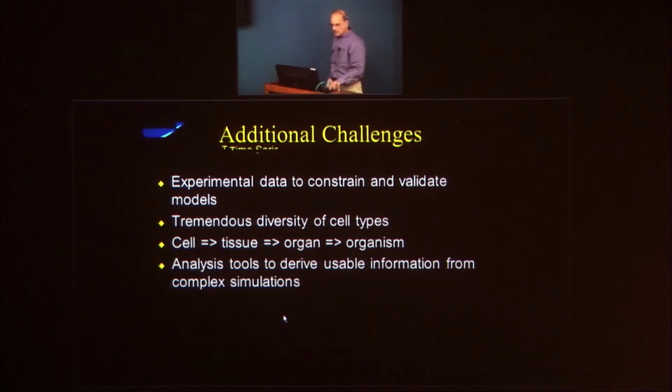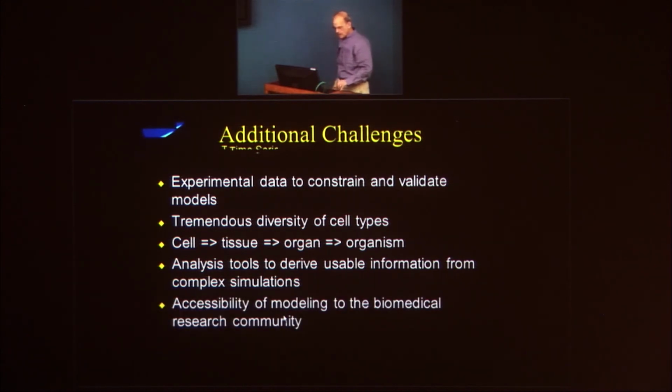If we ever do succeed in getting a fully functional whole cell model, how are we ever going to actually get any useful information out of something so complex? So the analysis tools are critical and need to be developed at the same time. And finally, we have to keep in mind that we need software and data that is going to be accessible to the modeling and biomedical research community.